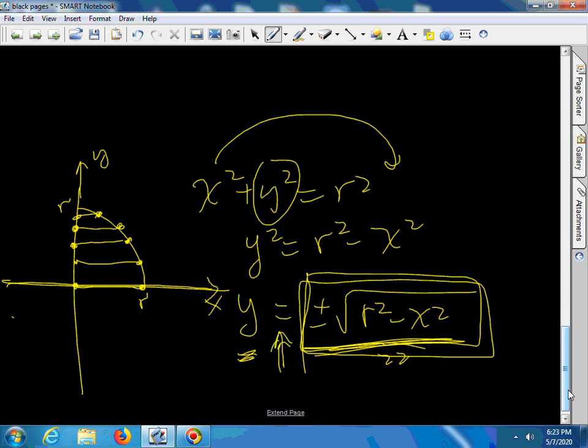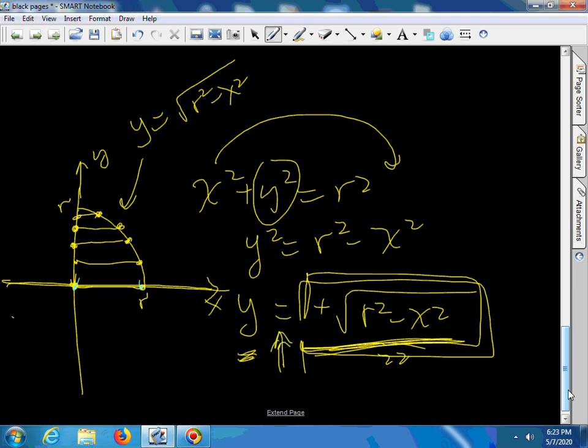But it's not negative. That is why I'm going to remove the negative. The equation of that quarter circle is the square root of r squared minus x squared, where x goes from 0 to r.